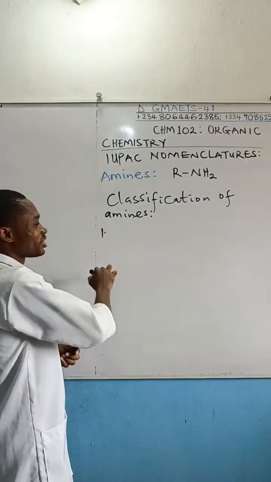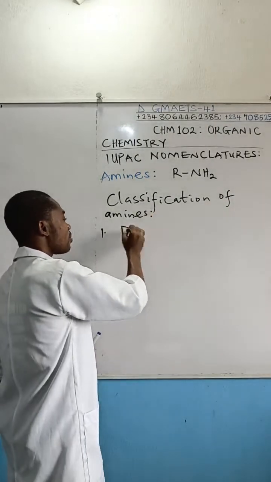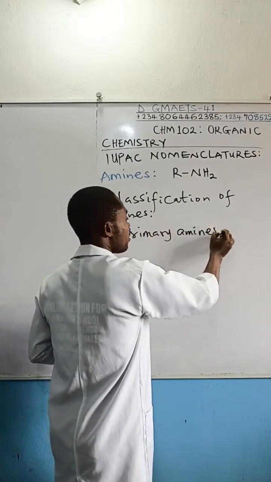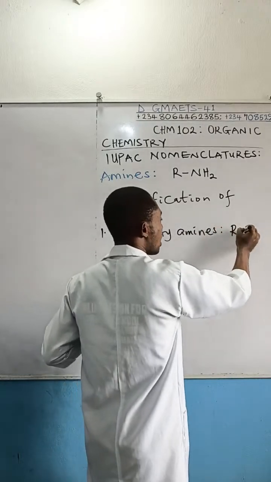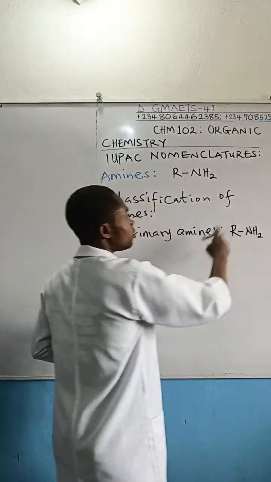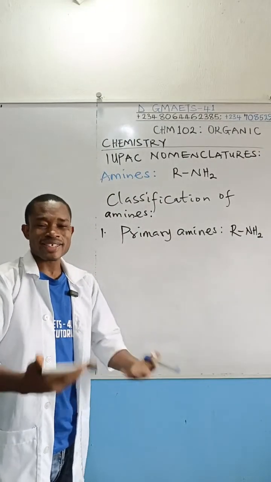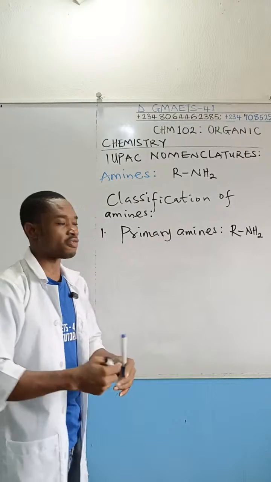So, classifications of amines. We have primary amines, and for primary amines, the functional group is RNH2. How do we give the pattern of the parent name?